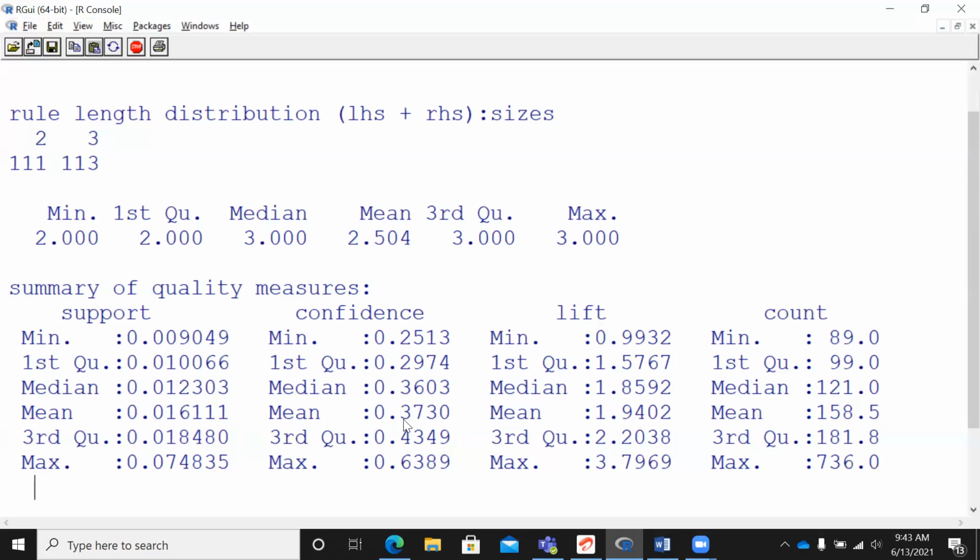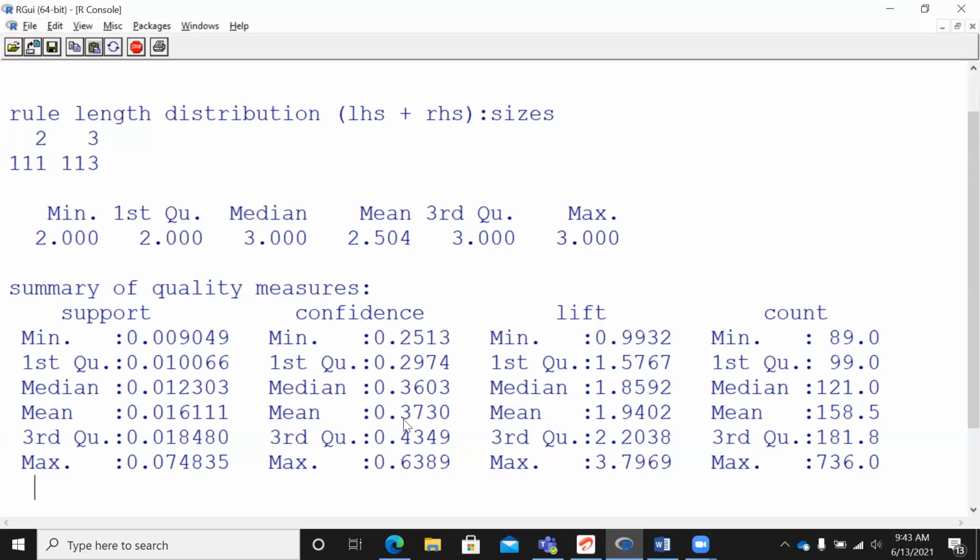Now, lift is very, very important because of multiple reasons. I've discussed this earlier. A lift value of exactly 1 means that products A and B, which can be any two products, are independent of each other. Very important.